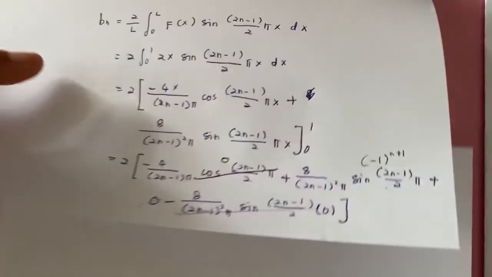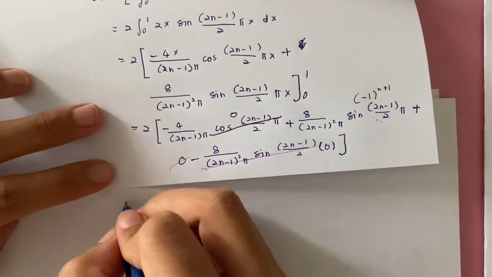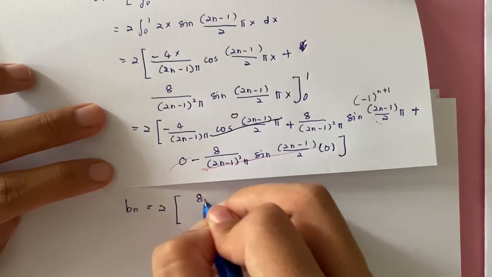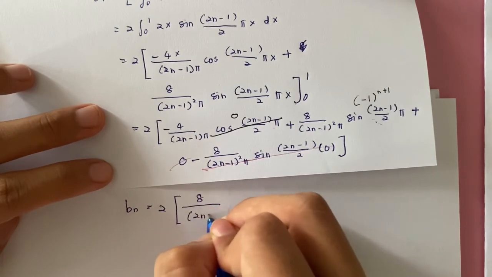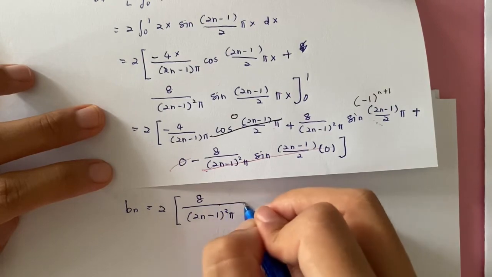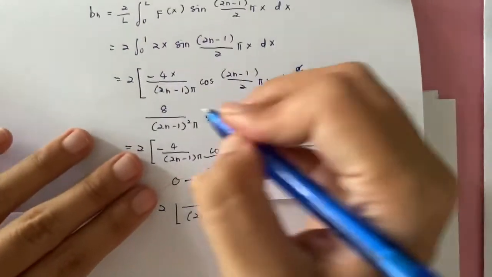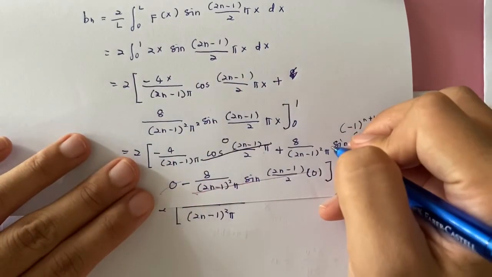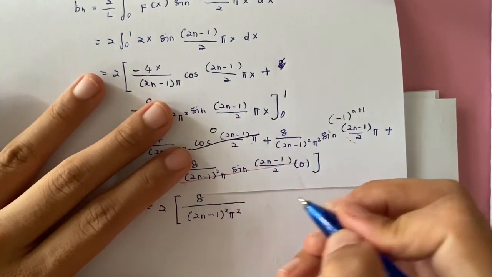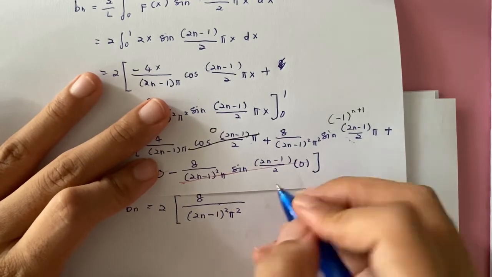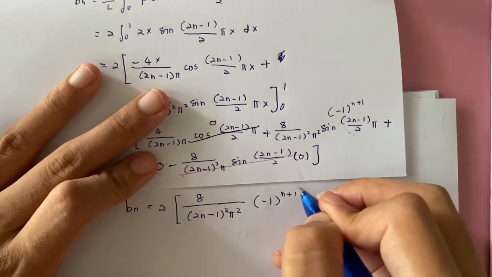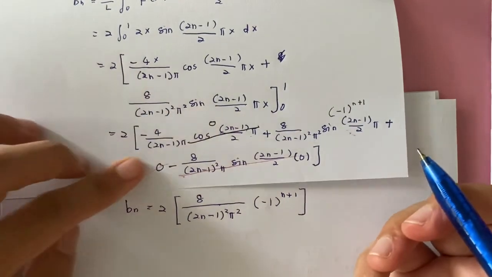So our Bn now is equal to 8 over (2n minus 1) squared pi squared, sine, substitute the sine value minus 1 to the power of n plus 1.